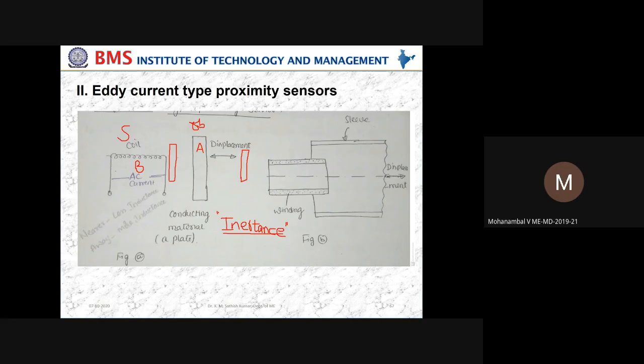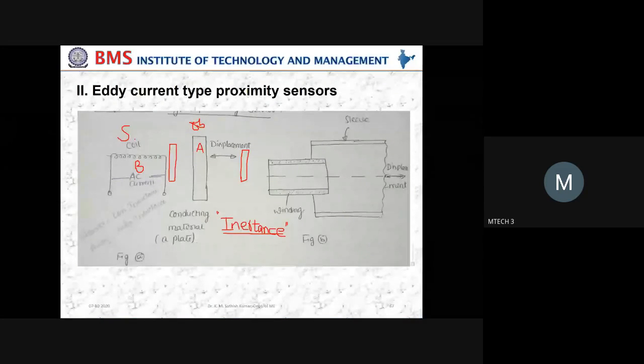Eddy current is more. If the eddy current is more, is the resistance offered less or higher? Resistance is less. As the resistance is less, there is more eddy current.